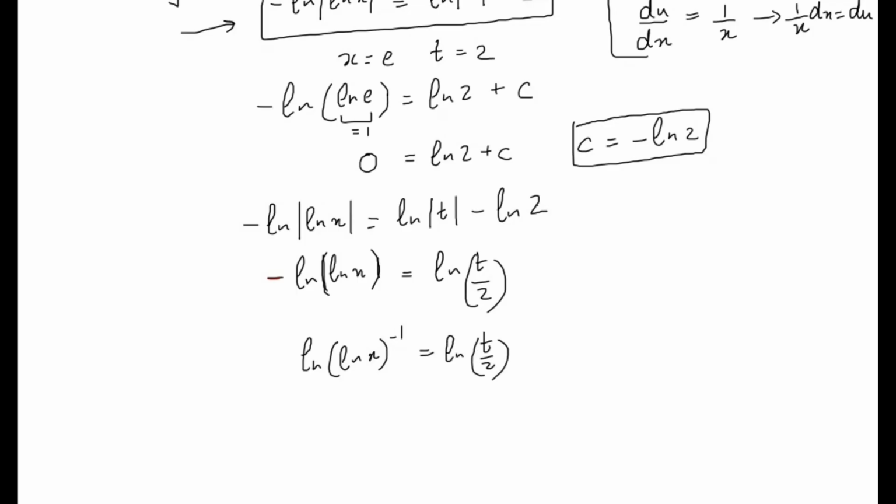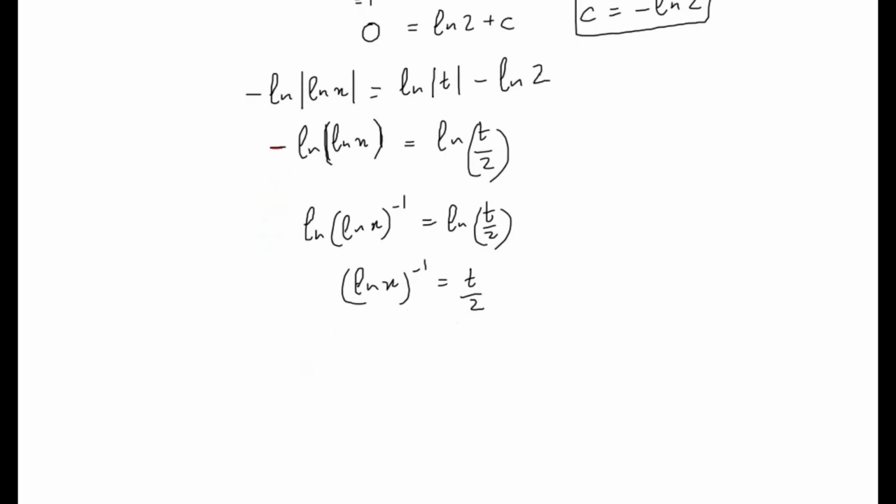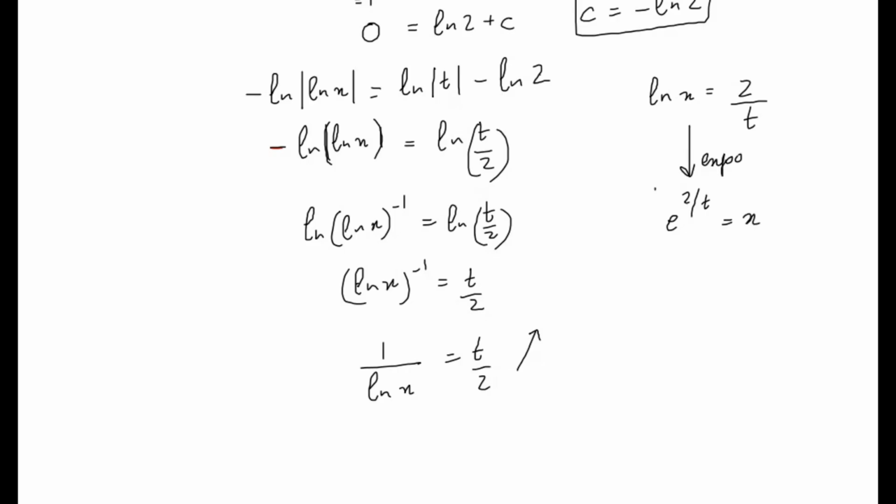And now we can discard the outer logs. So log x to the power of negative 1 is equal to t by 2. Now I can write that as 1 by log x is equal to t by 2, and then log x is equal to 2 by t. And if I want the value of x, we just convert it to exponential form. So e to the power of 2 by t is equal to x. And that's our answer.